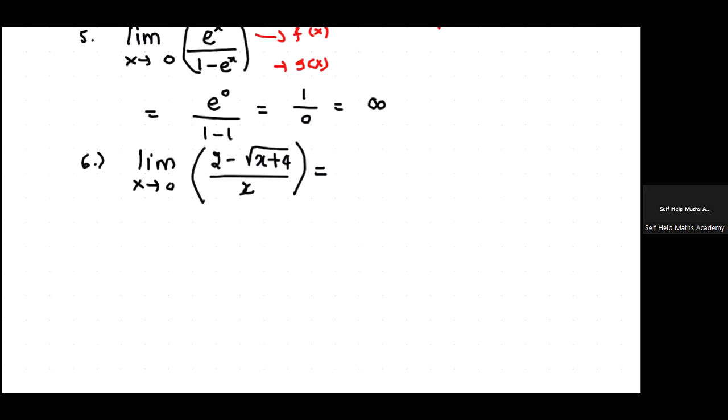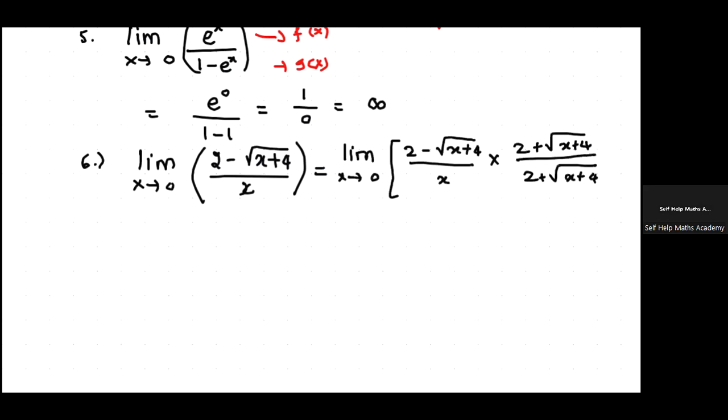Now, the limit as x tends to 0. I'm going to write this as (2 minus square root of x plus 4) divided by x. Now multiply and divide with (2 plus square root of x plus 4) divided by (2 plus square root of x plus 4). So this is how we're going to calculate.